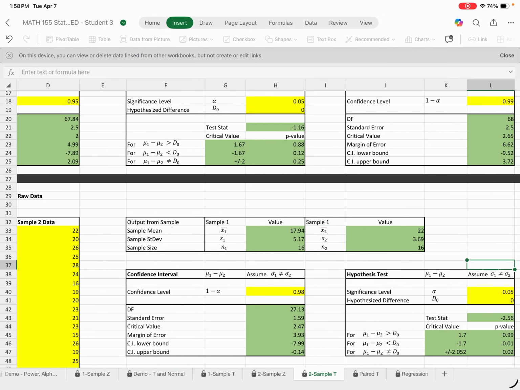All right, and we're going to hypothesize the difference to be 0.